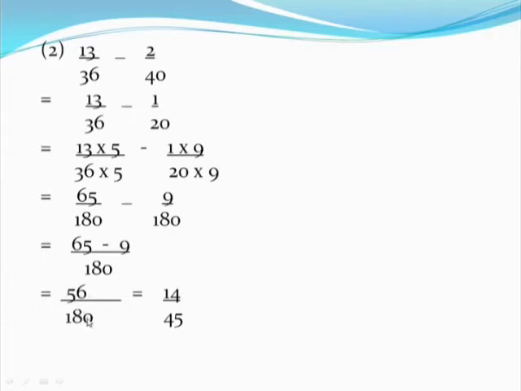Children, we have already seen in order to reduce the given fraction to its lowest form, we will divide both the numerator and denominator by the HCF of them. Now here, when you divide 56 by 4, you will get 14, and when you divide 180 by 4, you will get 45. Therefore, the final answer is 14 upon 45.